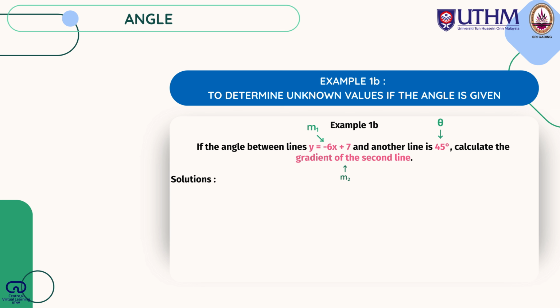Substitute both values into the formula, and this gives us m2 equals to -7/5. This is the gradient of the second line, and that makes a 45 degree angle with the first.